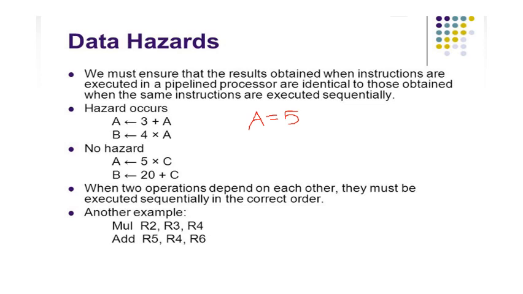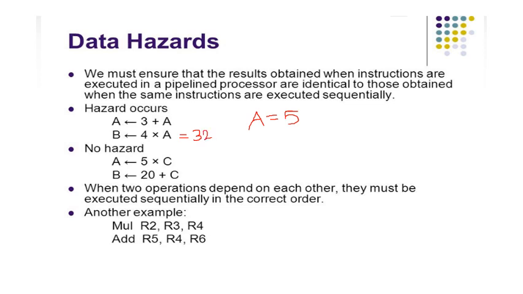Now consider the following two operations. When these operations are performed in the order given, the result is B equal to 32. That is, A plus 3; we have assumed A is equal to 5, so A plus 3 is equal to 8, and 8 into 4 is equal to 32.